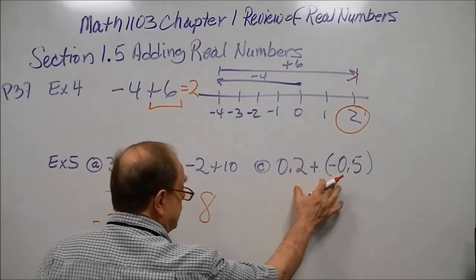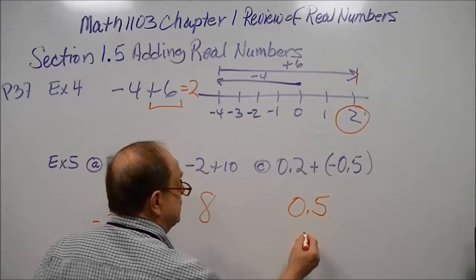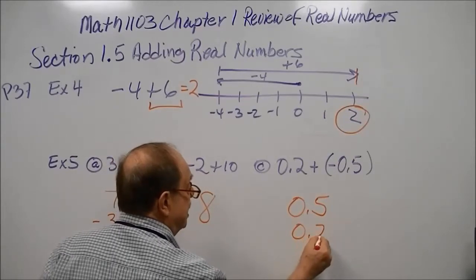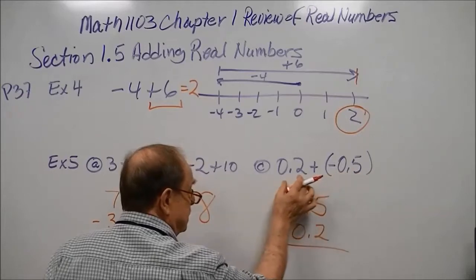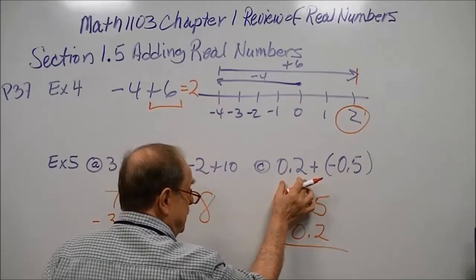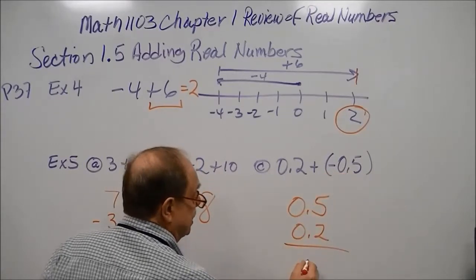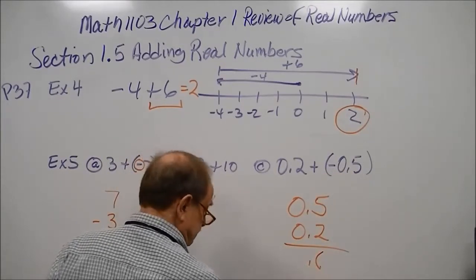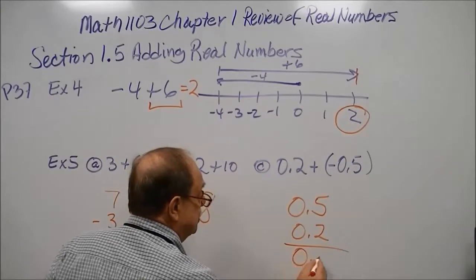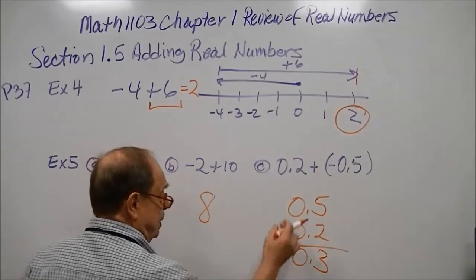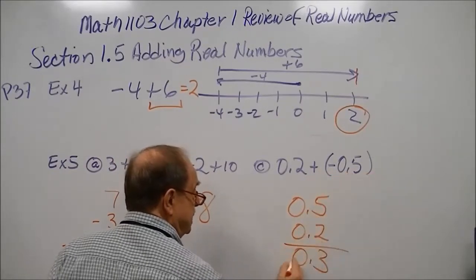Now, when you're subtracting items with decimals, you need to be careful because you need to line the decimals up. So we're going to subtract the smaller absolute value from this, and we get, I have to do that correctly here, a 0.3, and we apply the sign of the larger absolute value, which is negative.